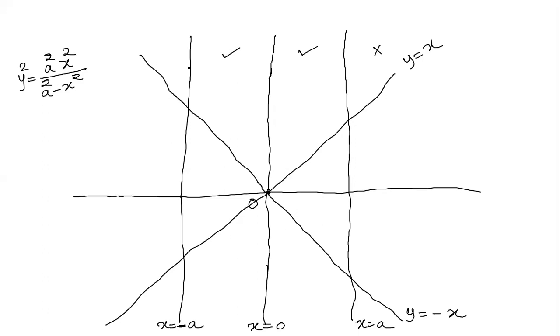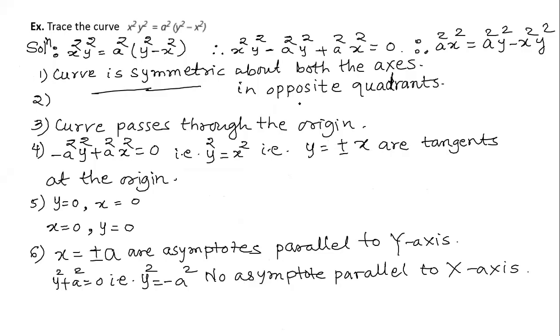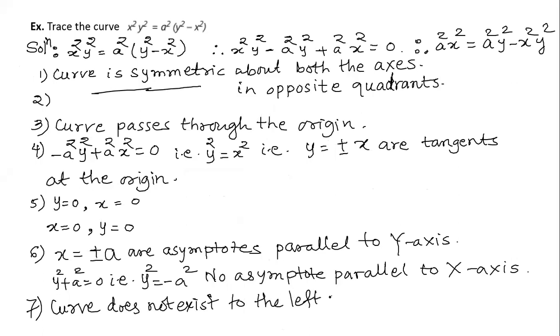Using symmetry, the curve will not exist to the left of x equal to minus a. So we can mention here that the curve does not exist to the left of x equal to minus a and right of x equal to plus a.